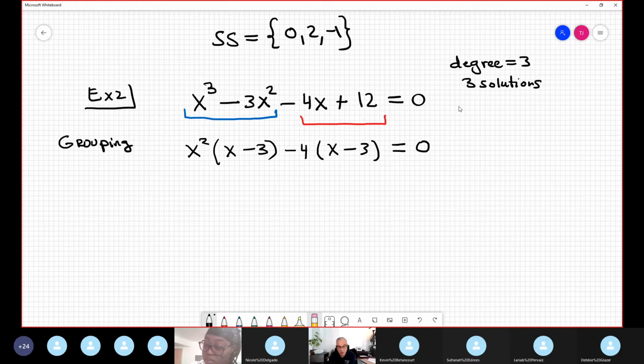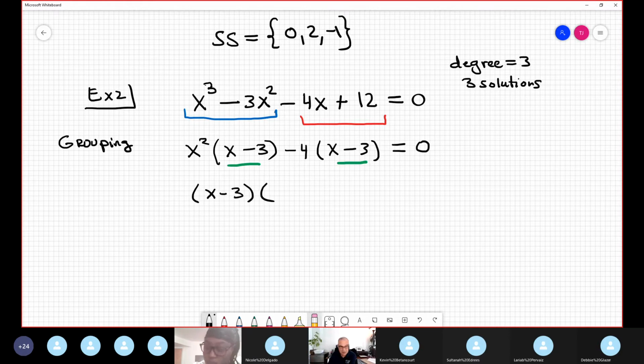So I factor out negative 4, and negative 4 times x is negative 4x, and negative 4 times negative 3 is positive 12. Good, this is good. I am happy also because the factor x minus 3 is repeated here and here. If it is repeated, I can factor out one more time.